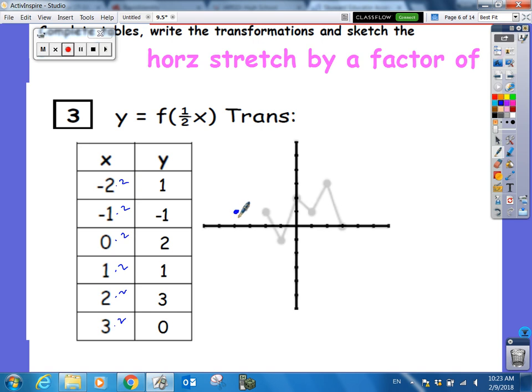We're at -1 times 2 is -2. 0 times 2, 0. 1 times 2, 2. 2 times 2, 4. 3 times 2, 6. So you can see the horizontal stretch or expand by a factor of 2.